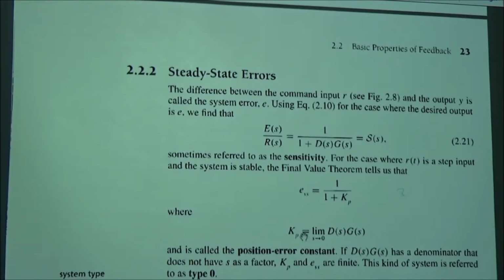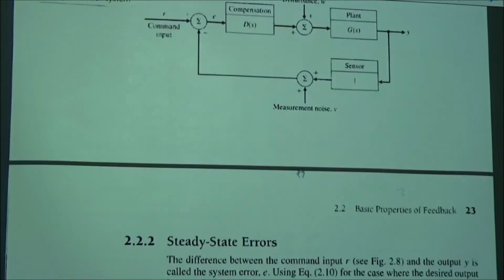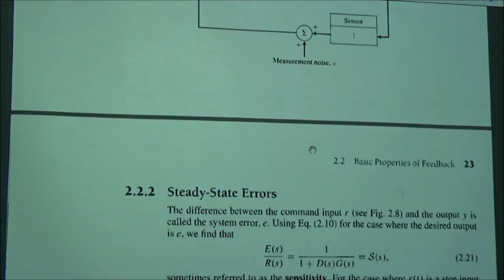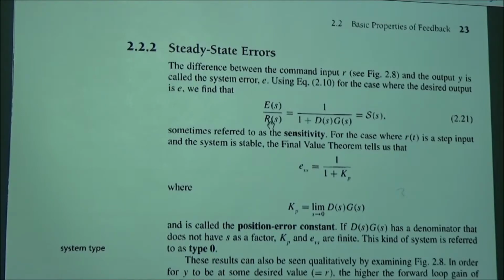A steady state error, if you look at this diagram, the response of the system with respect to the error, you see that between R and E, you have nothing there, so it's just 1. But if you go through the loop, you see 1 plus D times G of S, so E of S over R of S is 1 over 1 plus D times G. This is the transfer function of the error.